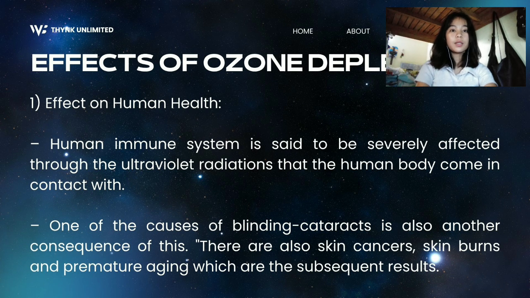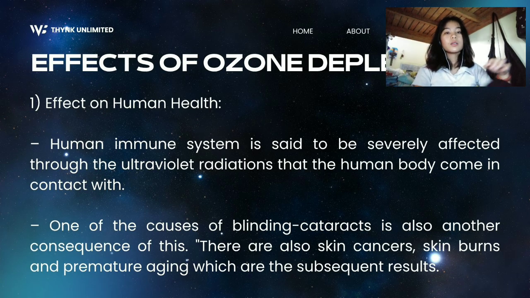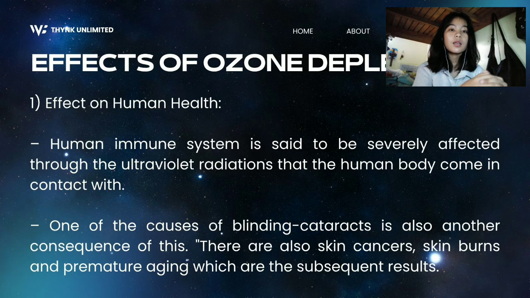First, effect on human health. The human immune system is said to be severely affected by the UV rays or ultraviolet radiation that the human body comes in contact with. It can also increase the risk of skin cancer and eye damage that potentially leads to blinding cataracts.